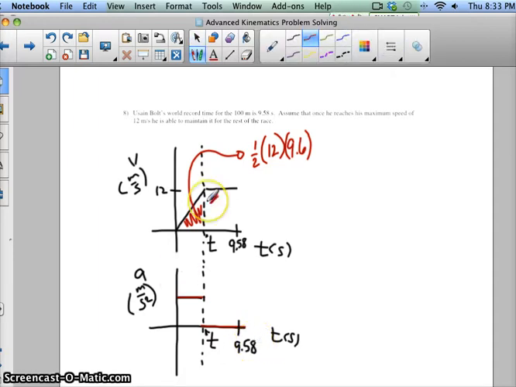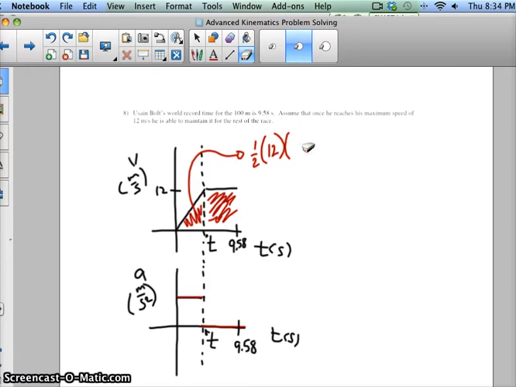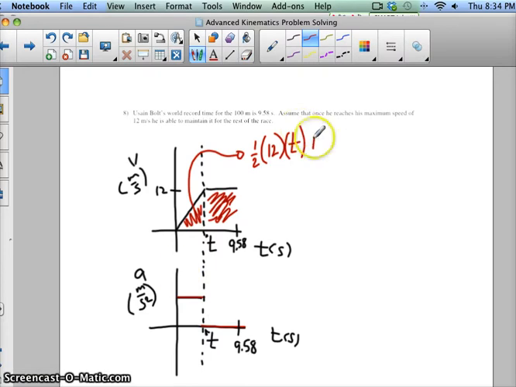So this total area is our 100 meters. Now that triangle is 1/2 12 times T. Right? Let me fix that. 1/2 12 T plus, so that's a triangle's area.